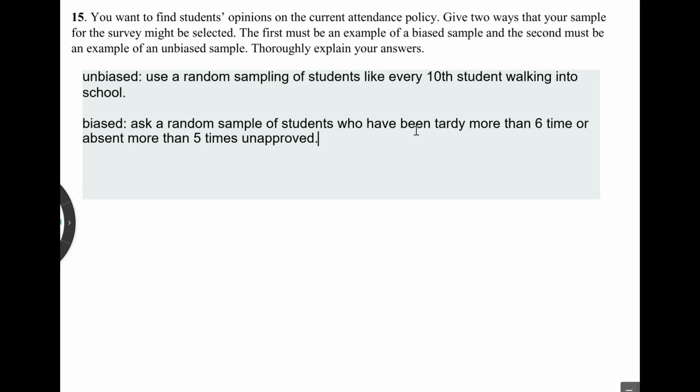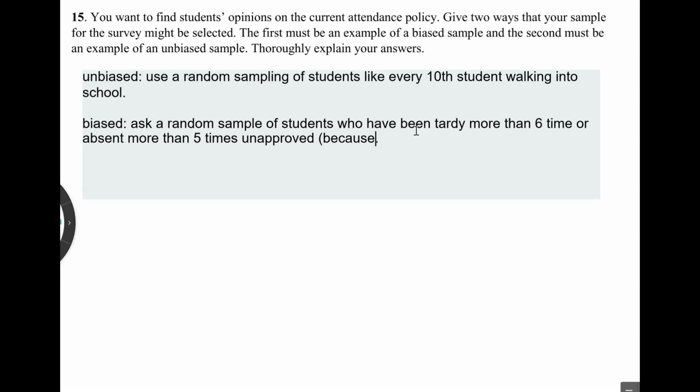There are certain things, APAC, soccer, basketball, all these school things, they're approved and don't count towards the absence policy. So if we ask the people who are getting docked, they will definitely give us a biased example because they will not be in favor of any attendance policy.